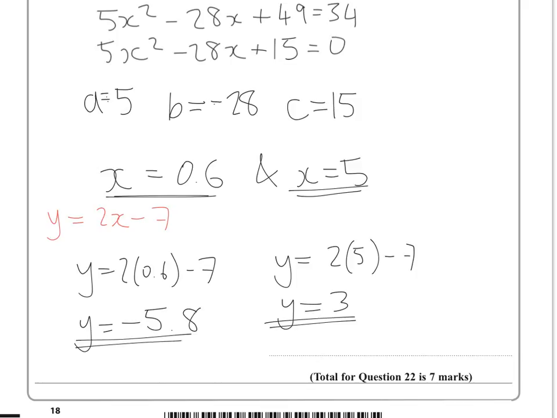Okay, so these solutions come in pairs. So we've got x equals 0.6, y equals minus 5.8, and x equals 5, y equals 3.